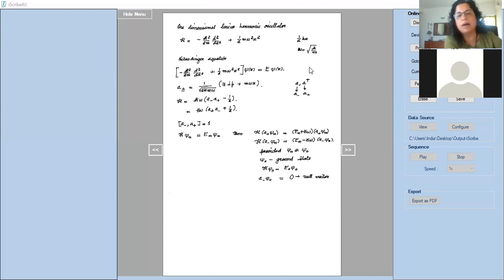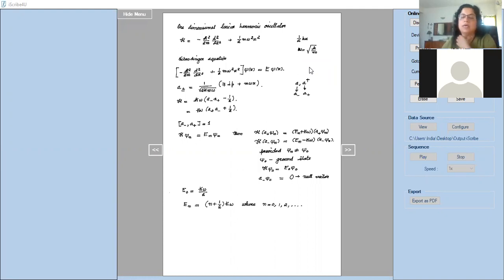Now, what are really the values of these E0 and so on? I think all of you know, this is nothing but H cross omega by 2, and then your En is nothing but n plus half, H cross omega, where n is 0, 1, 2.